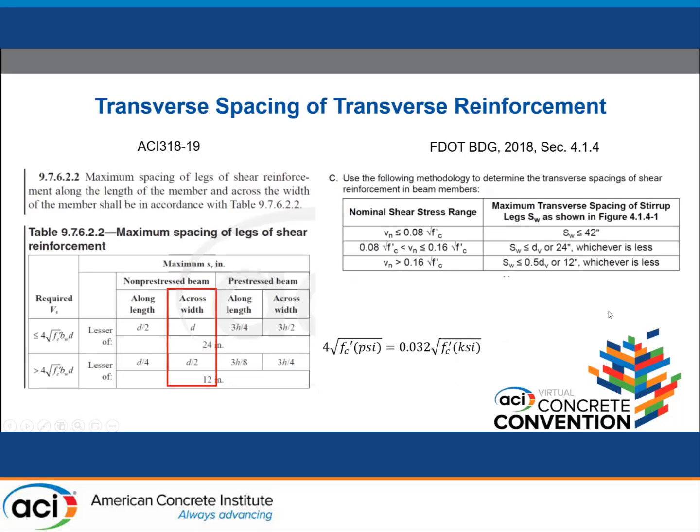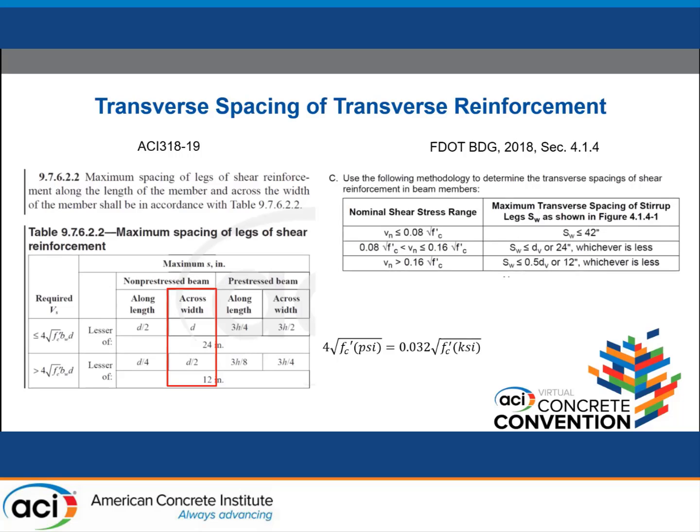After we finished the determination of the required quantity for the shear, torsion, and flexural reinforcement, we did some detailing work. Besides the consideration of the maximum spacing of the transverse reinforcement in the longitudinal direction, there are specifications by ACI 318 on the transverse spacing of transverse reinforcement.